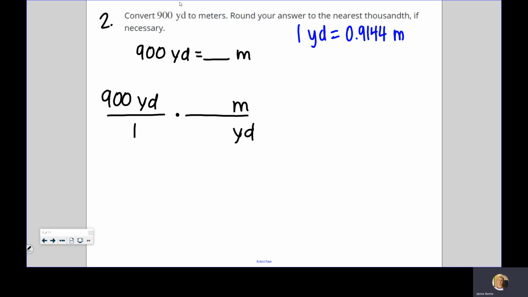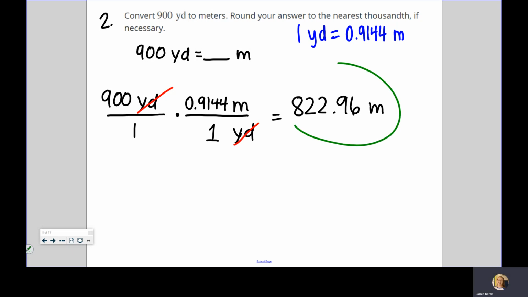And they told us that in 1 yard, there are 0.9144 meters. Cancel out your common units, which is yards here. Then just multiply across the top. It should just be a little bit smaller than 900. Yeah, 822.96. So just a little bit smaller. And the units here is meters. We're done.